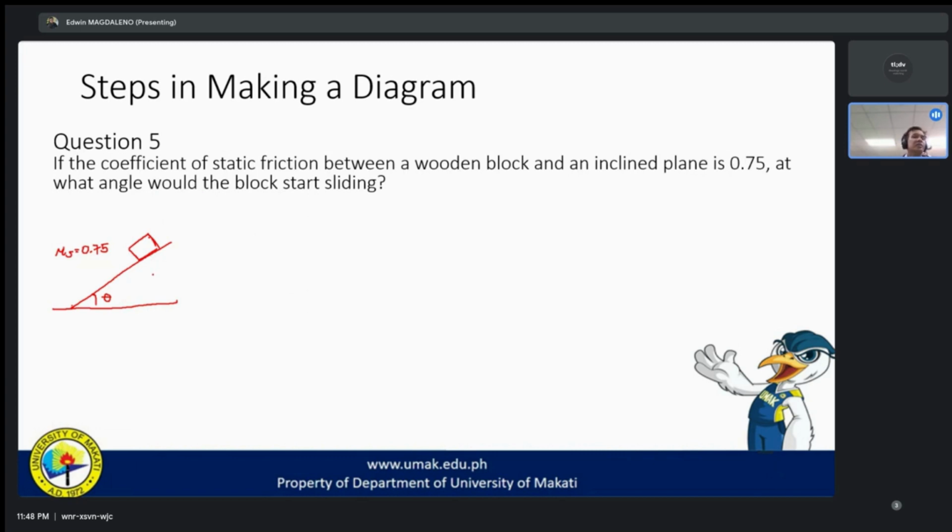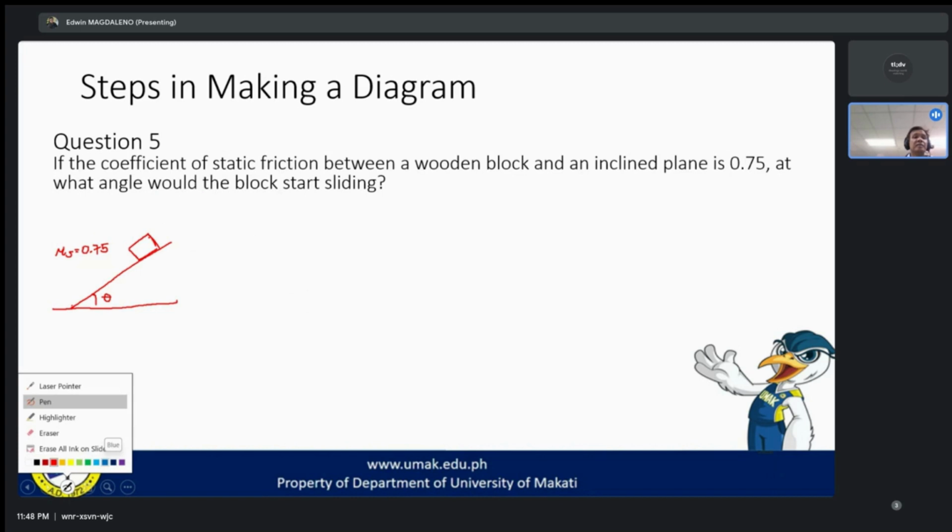Now, as I told you, the first thing that we need to do is to plot the forces. Ano ba yung mga forces na nakaka-apekto dito? So we have an object on a plane. Of course, if we have an object, that object will have mass, and that mass will be the weight.